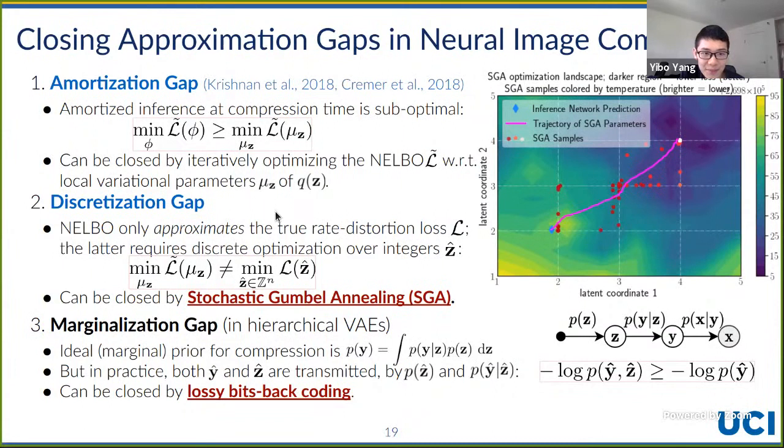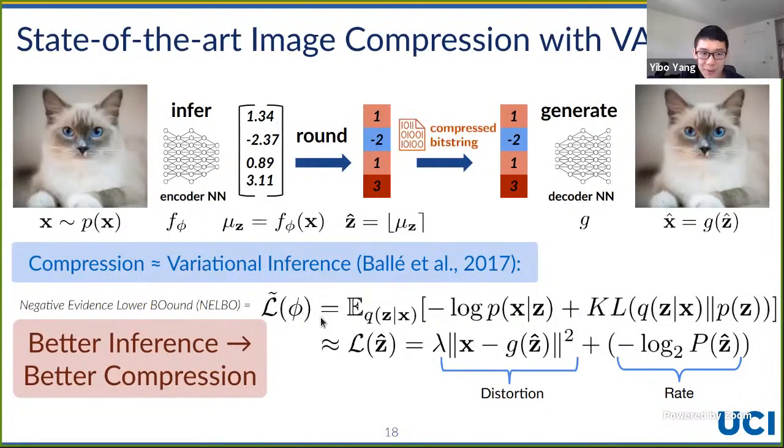Again, the objective here is to think about the inference process of data compression. Notice that here I don't have an expectation over all the data samples. This is for any given input X. We're trying to look at the rate distortion loss, or rather the compression loss, under this particular trained model. So this is assuming we already have a model trained with variational EM, and we're trying to improve the inference at test time for any given input X.